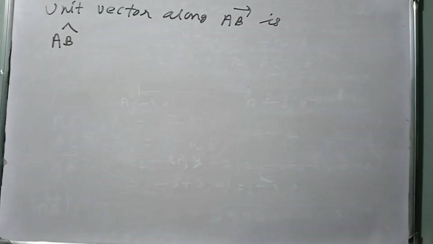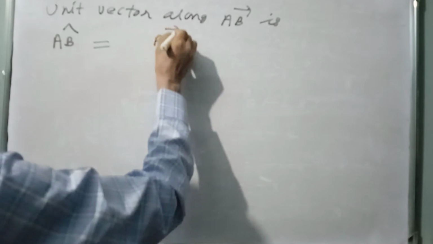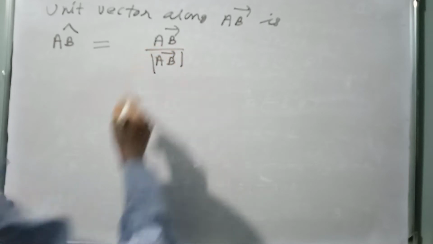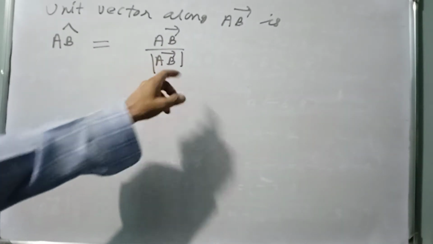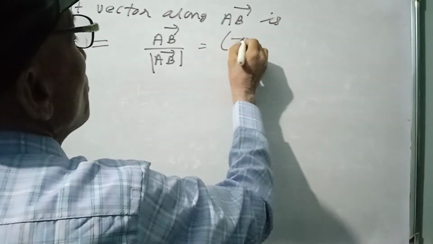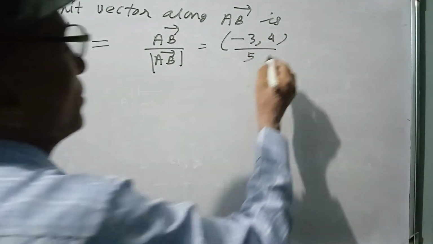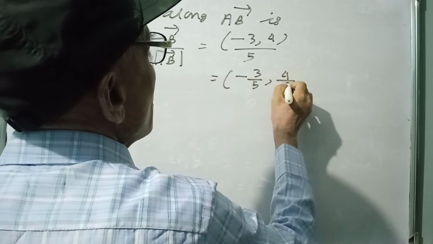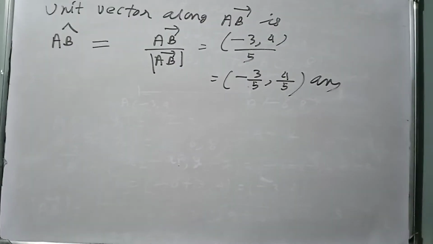AB cap is mathematically equal, by definition, to vector AB by modulus AB. There is a difference: AB means vector, and modulus AB means value, magnitude. Minus 3, 4, 5. How to write it down? Minus 3 by 5, comma, 4 by 5. This is the unit vector along AB.